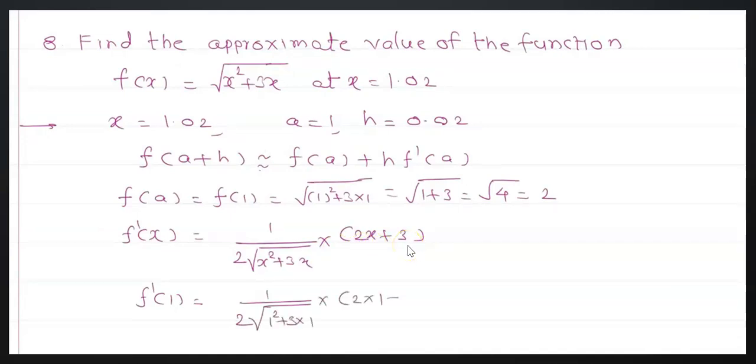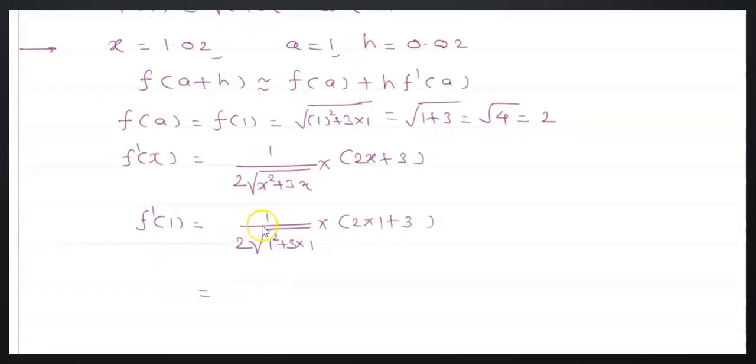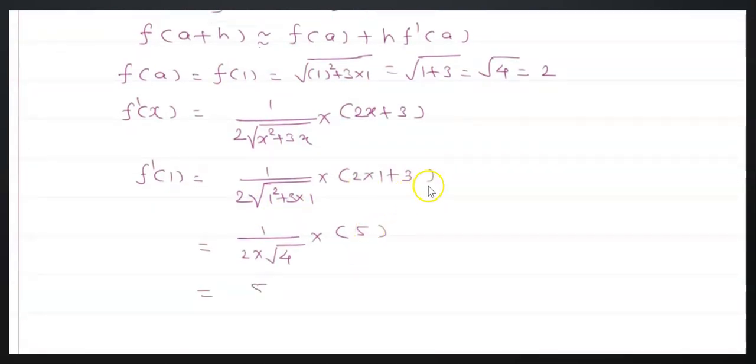Therefore f dash of 1 is equal to 1 upon 2 into square root of 1 square plus 3 into 1, into 2 into 1 plus 3. That is 1 upon 2 into root of 4, which is 2 into 2, 4, into 5, that is 5 by 4. This is the f dash of 1.